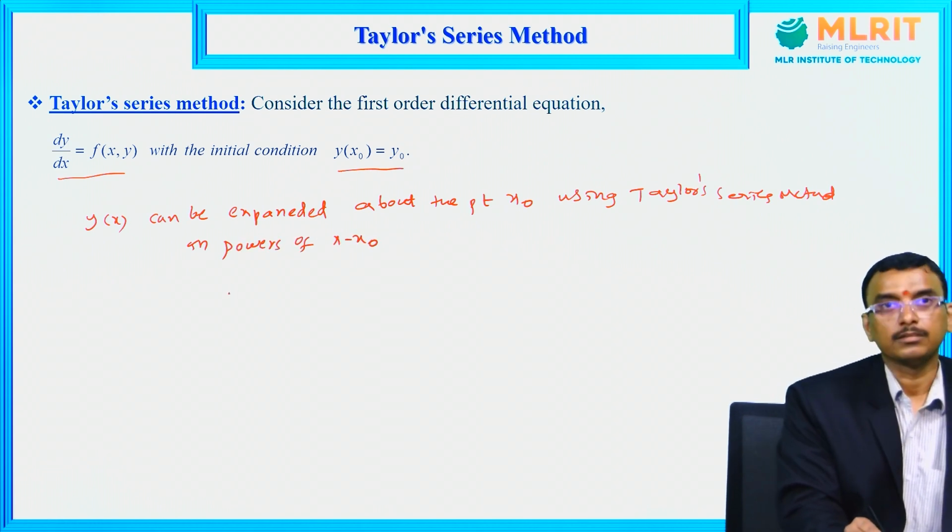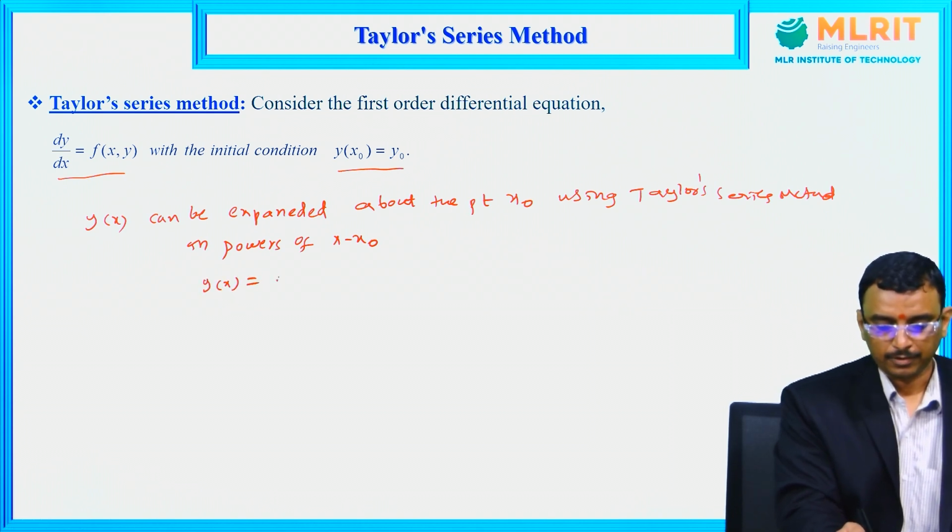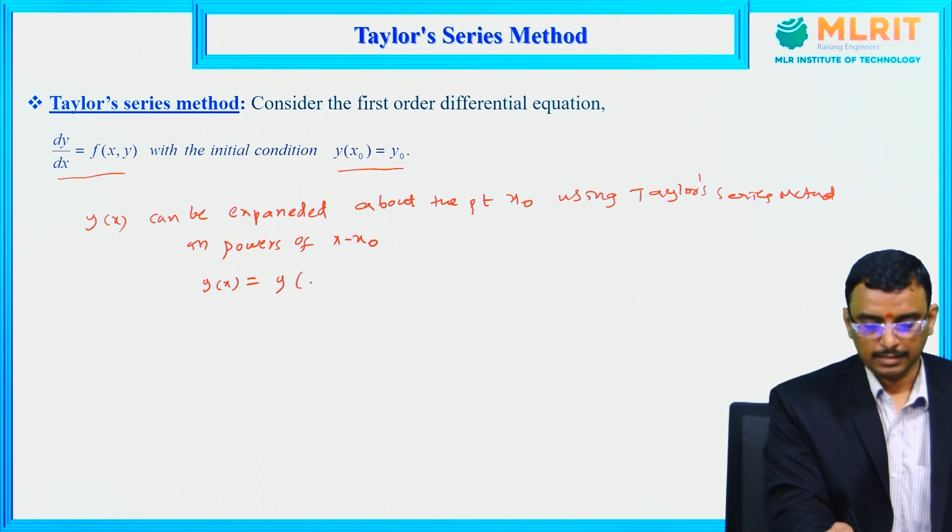So y of x can be written as y of x is equal to y of x naught plus x minus x naught.